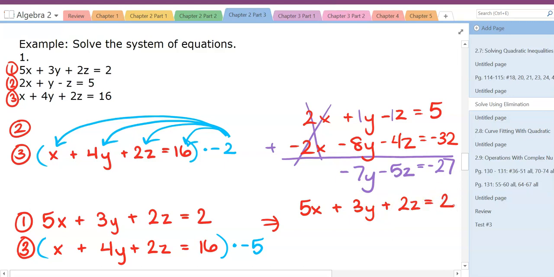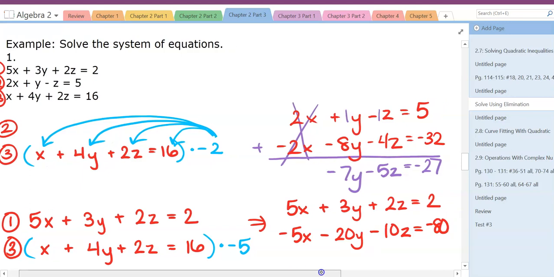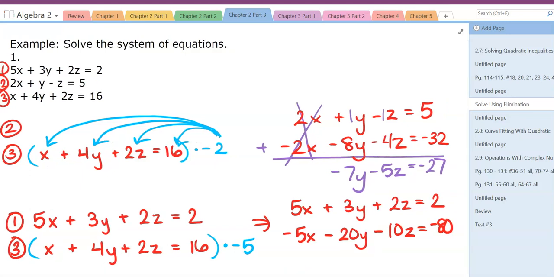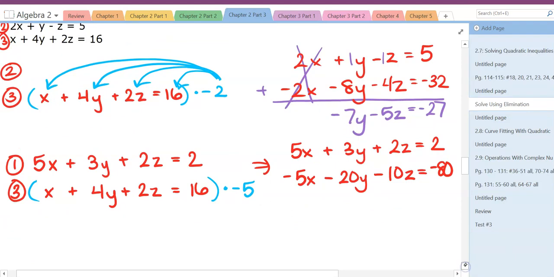For the bottom equation, take everything times negative 5. So it says negative 5x, negative 20y, negative 10z equals 16 times the negative 5 is going to be negative 80. And then I'm going to add again.